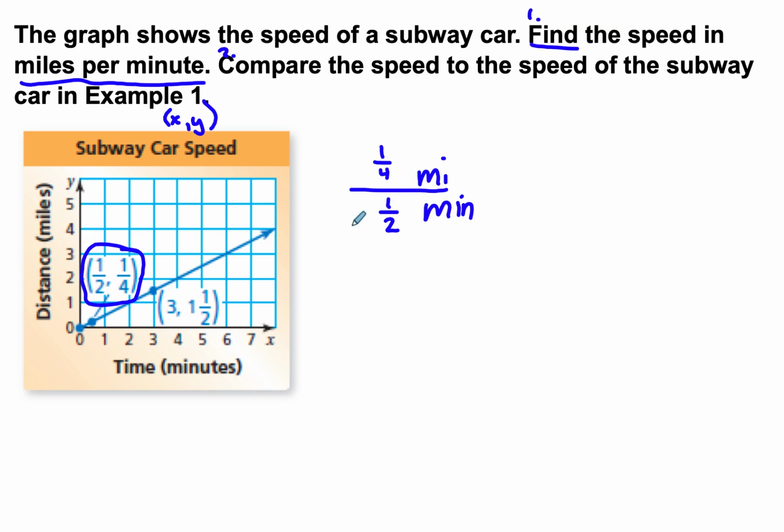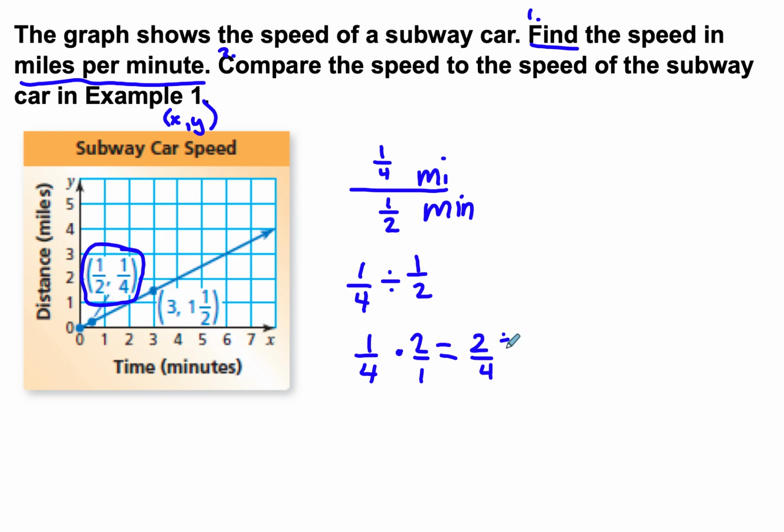It looks tricky, but it's really just a different way of writing division. So I'm going to rewrite it horizontally, 1/4 divided by 1/2. We're going to do keep, change, flip, 1/4 times 2/1. All right, I'm going to go ahead and just multiply straight across. 2 times 1 is 2. 4 times 1 is 4.